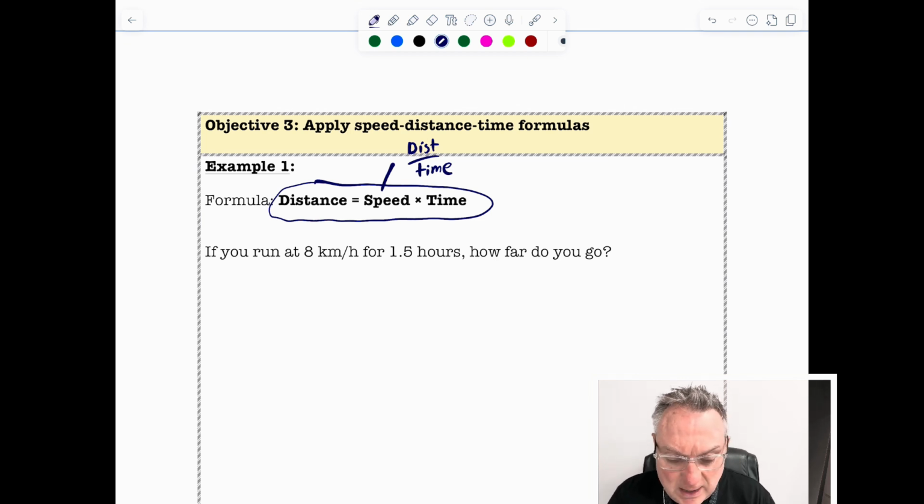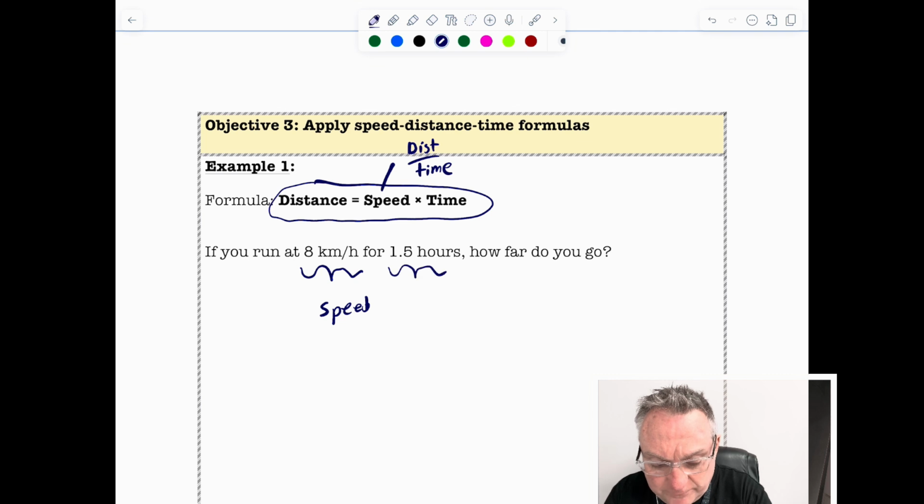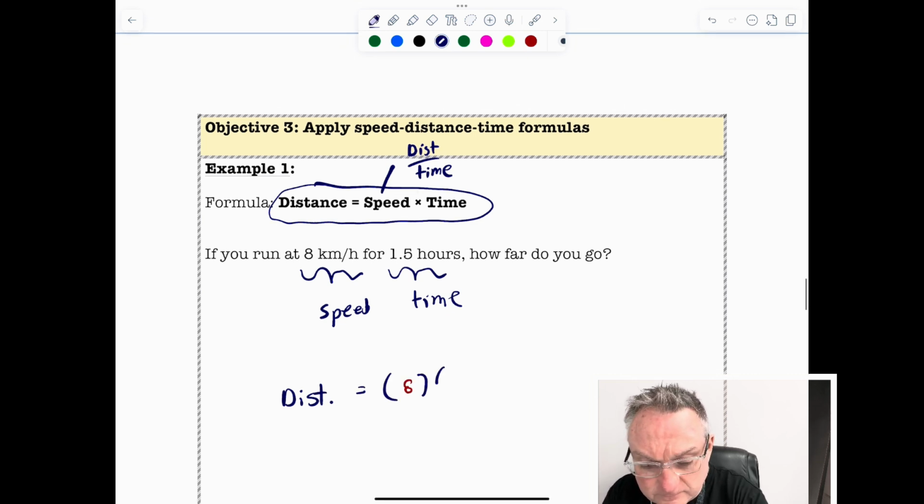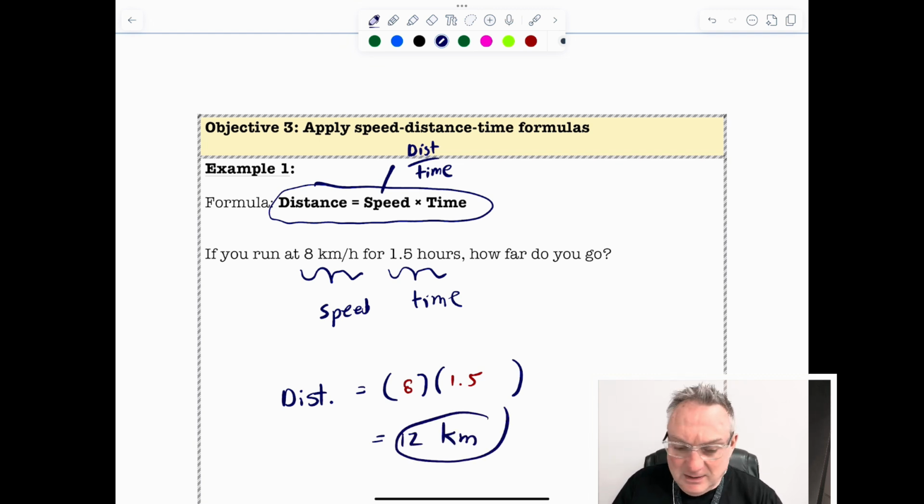So if you run 8 kilometers per hour, that's the speed. And the time is 1.5, then the distance would be 8 times 1.5, which comes out to 12 kilometers.